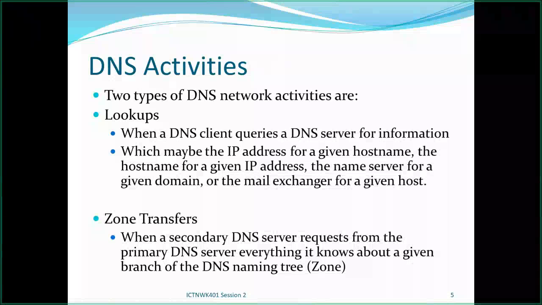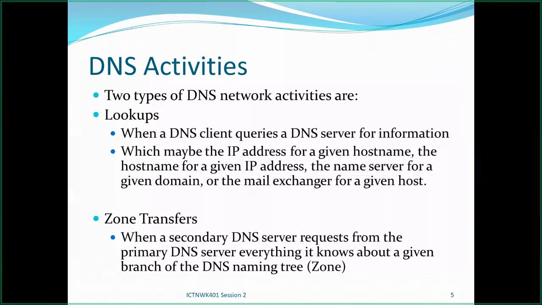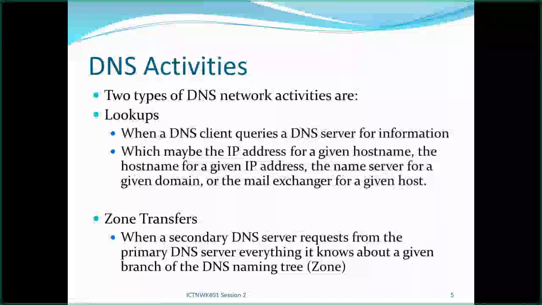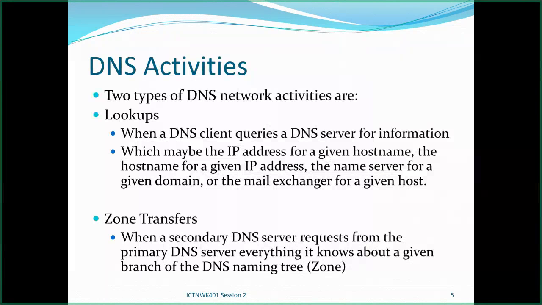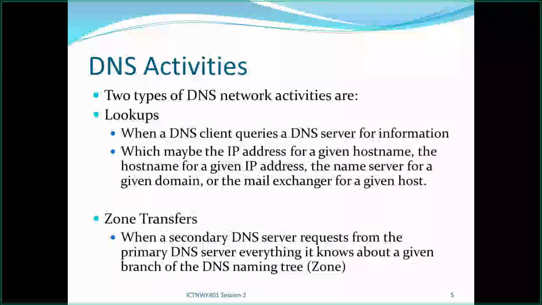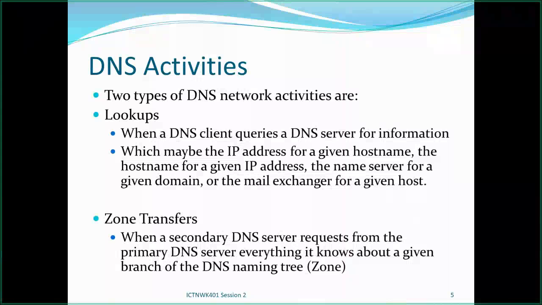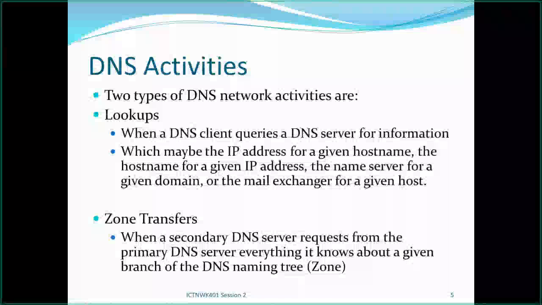So basically, when we set up a server, we tend to make it a primary or secondary server within the domain zone. And in the internet, each primary is like a branch of a tree.